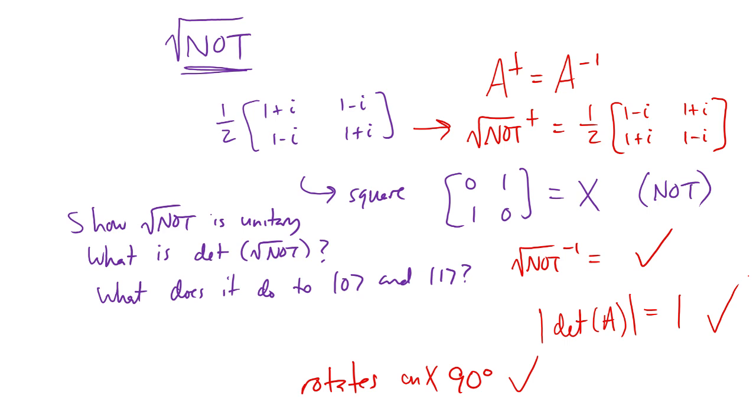Okay, the last gate that we'll mention is the quantum square root of NOT gate. You'll see this written as square root of NOT, and it has the matrix 1/2 times 1 plus i, 1 minus i, 1 minus i, 1 plus i.